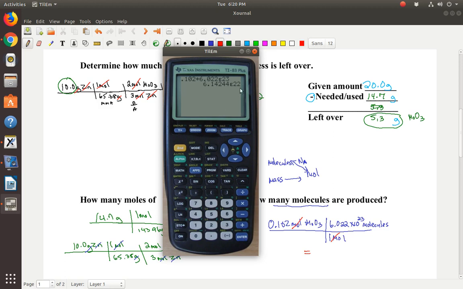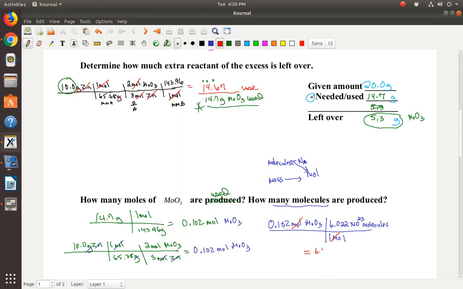Now look, see this E22, oh, it's not 10 to the 23rd, it's E22. You have to write times 10 to the 22nd. So 6.14 times 10 to the 22nd molecules. So that is how many molecules of MoO3.